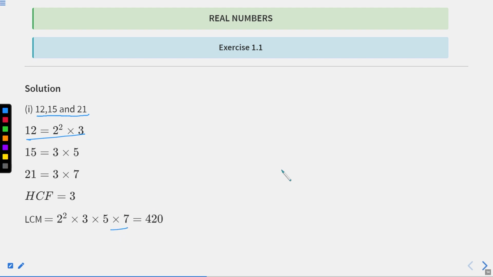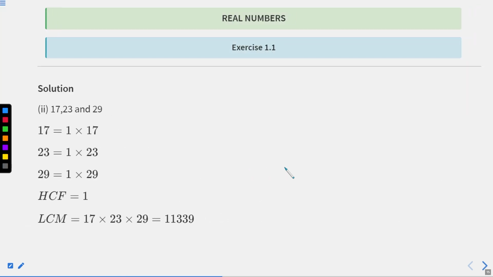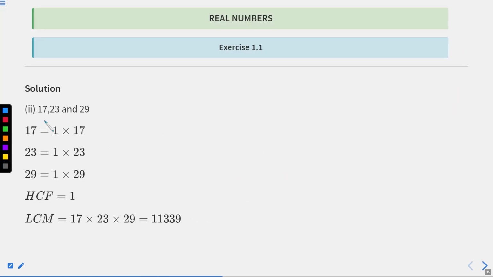Now in the next question we have been given the integers 17, 23 and 29. The factorization of 17 is 1 into 17, the prime factorization of 23 is 1 into 23, and 29 is 1 into 29. So the only common factor is 1.